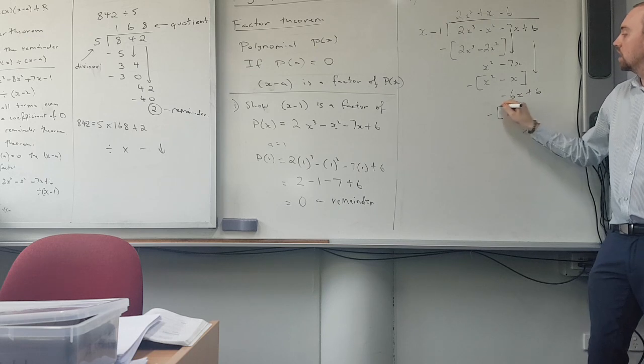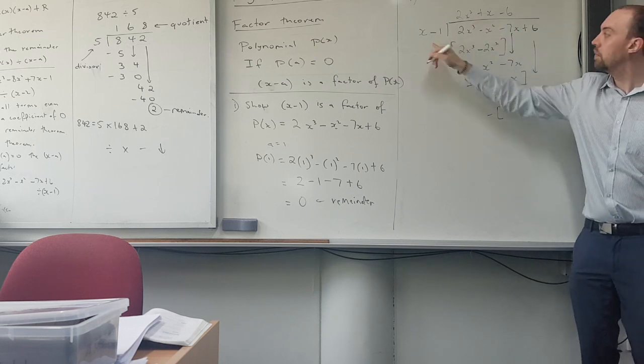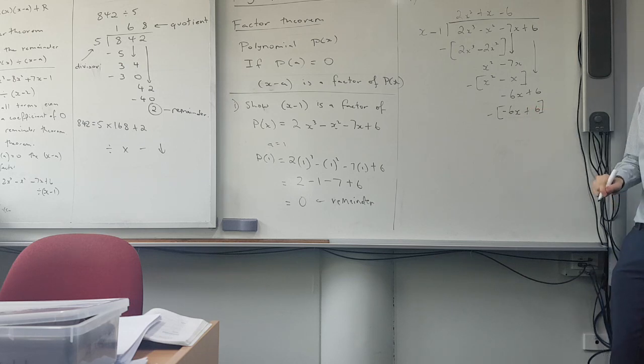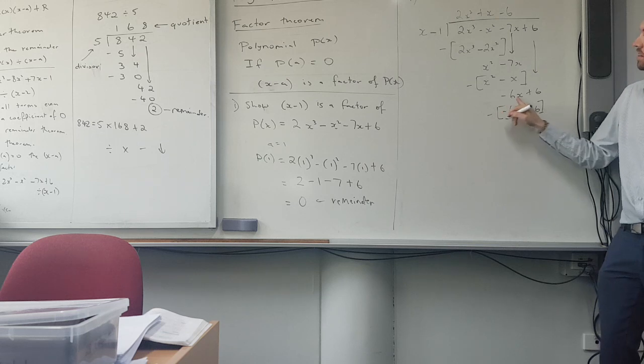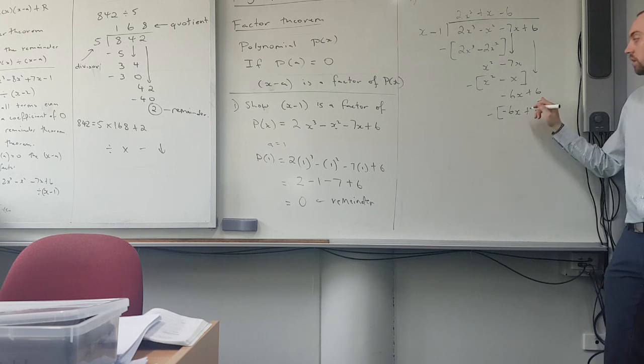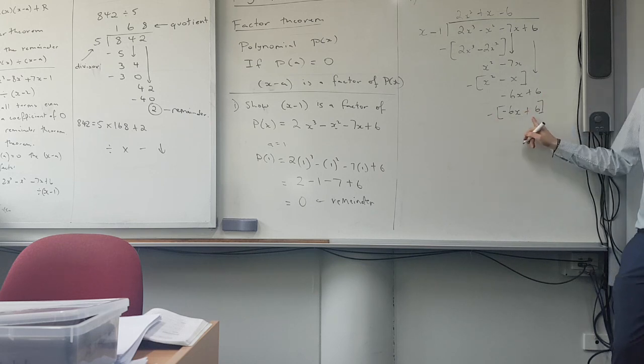Again, take away, multiply. Take 6x, negative 6x, add 6x, 0, plus 6, take plus 6, 0.